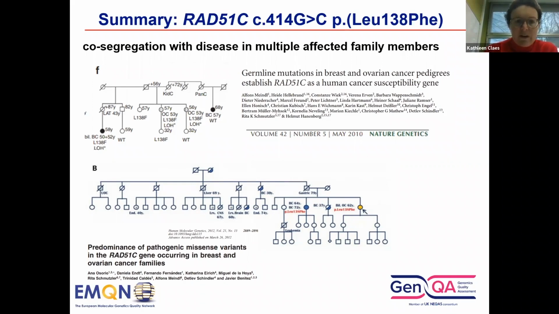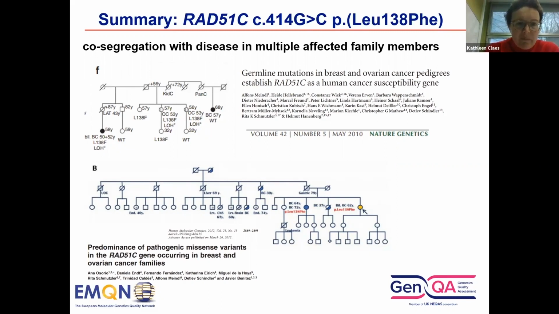The first one is the Nature Genetics paper that published RAD51C as a human cancer susceptibility gene, associated mainly with a risk for ovarian cancer. You see they also identified it in a person with bilateral breast cancer. They indicated that in the tumors of these patients, a loss of heterozygosity was observed.